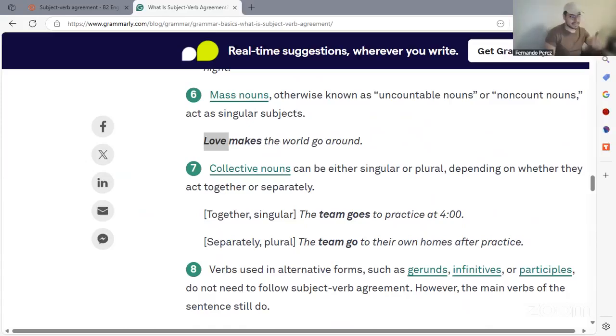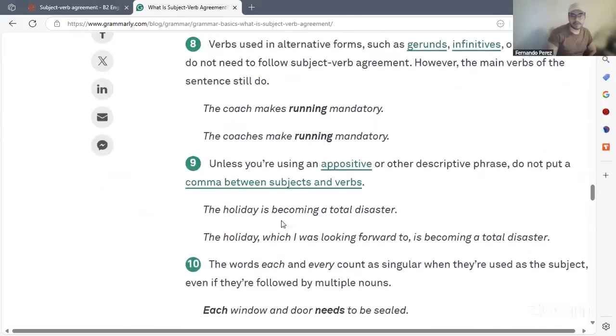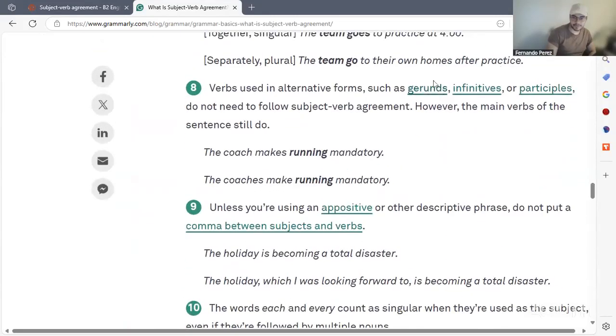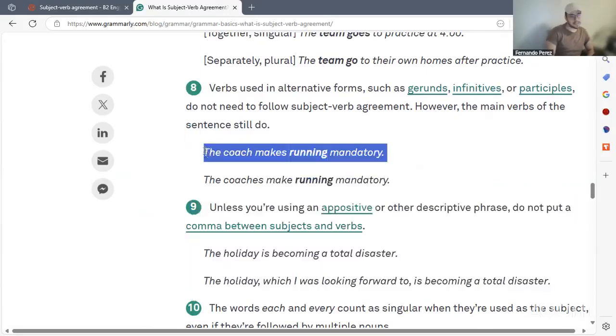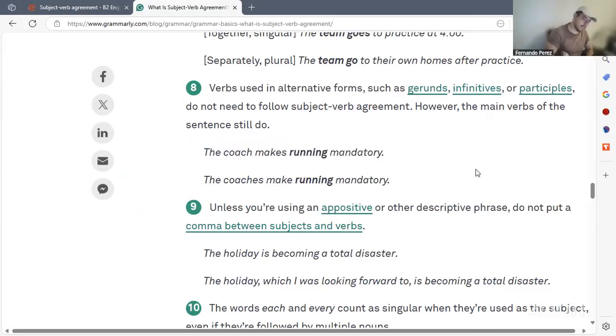Well, that's exactly my point. When you are using gerunds, it should be considered singular. It's when you have a gerund or an infinitive at the beginning of the sentence, the verb should be singular.